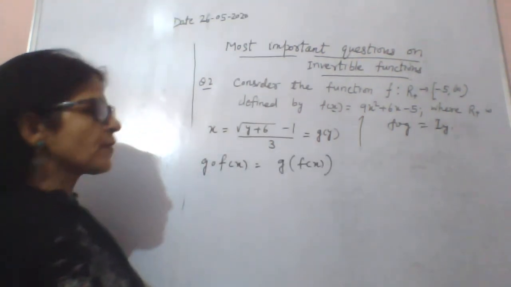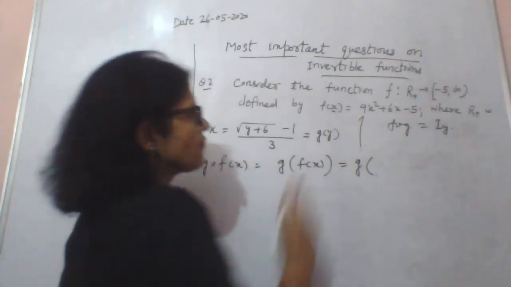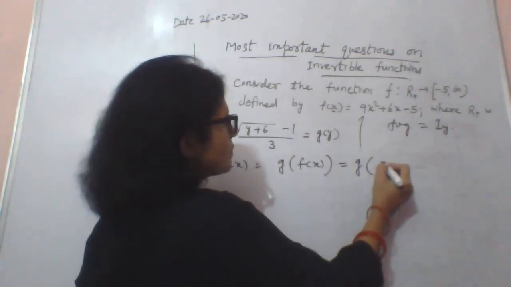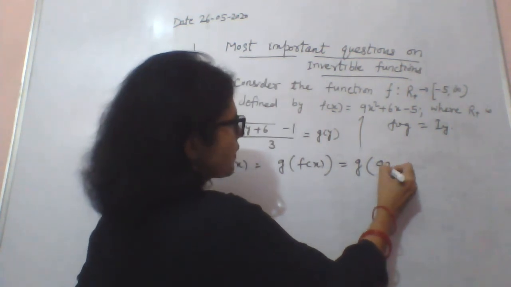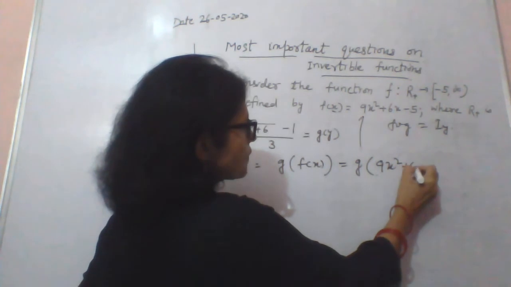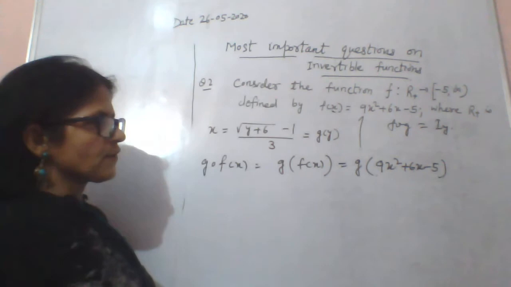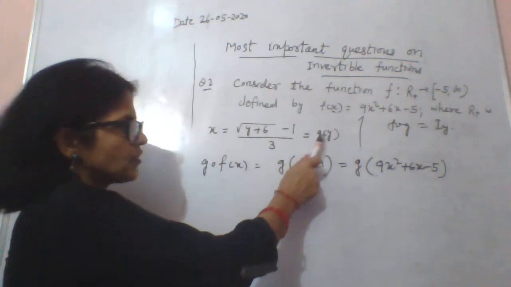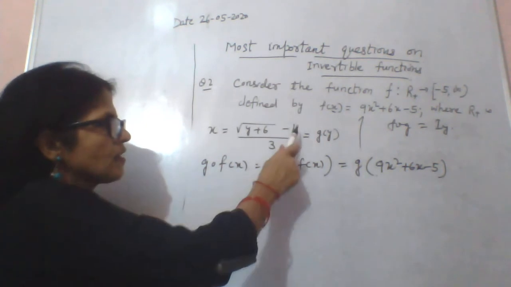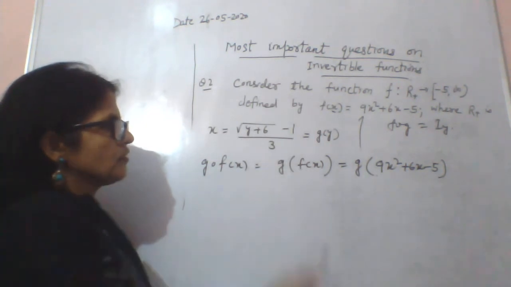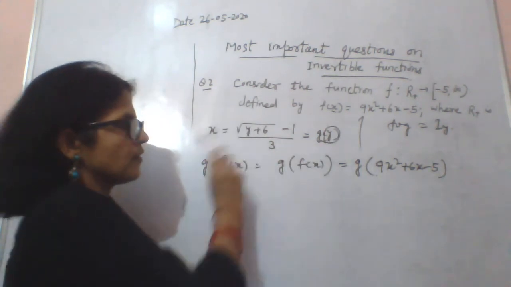So next we will prove g(f(x)) equal to x. So g(f(x)) is g of 9x² + 6x − 5. So here you see g(y) equal to (under root (y + 6) − 1) by 3. So whatever you keep here, that will replace y here.